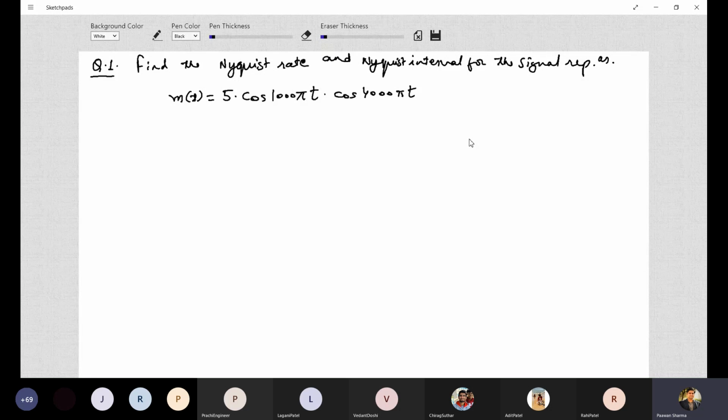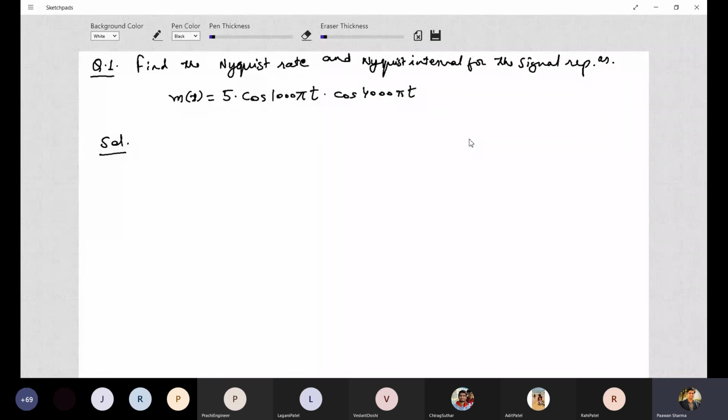This is now in multiplicative form, so you need to transform it, because we want additive components in our signal equation. Then we will find the maximum frequency in our signal. Are we good? Is my voice properly audible? Yes, sir.